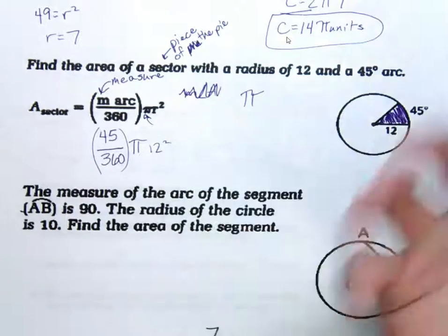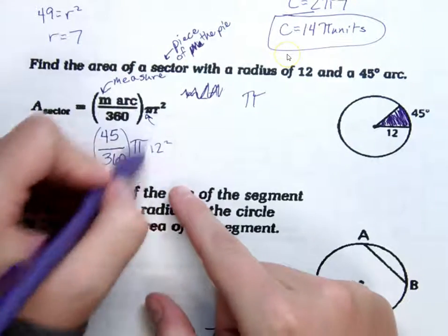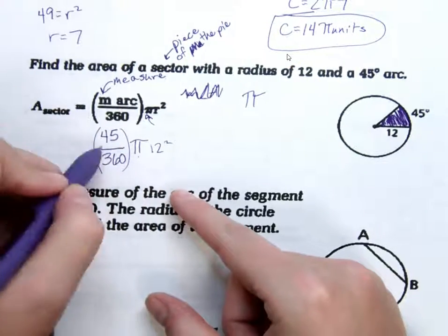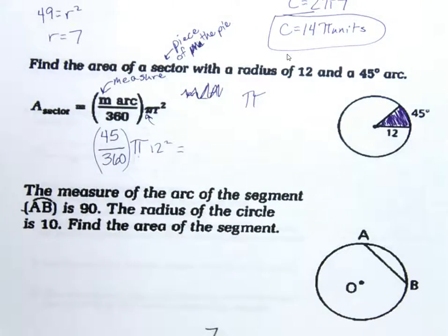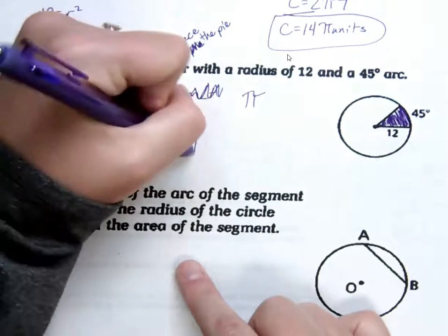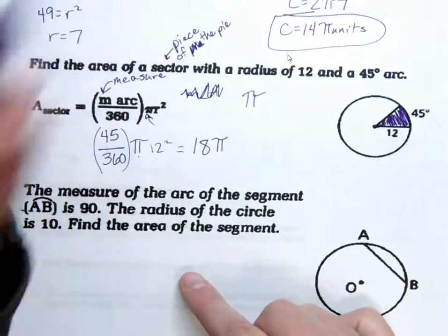But you could just put all of the numbers into the calculator, just don't put pi. So really what we're doing is 144 divided by 8. I don't have a calculator in front of me. Anybody have that? 144 divided by 8 is 18. So 18 pi.